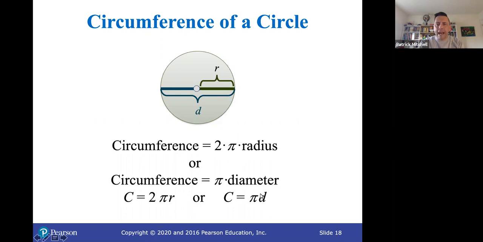If you're working with the diameter, because the diameter is 2 times the radius, you can just take the 2r and replace it with d for diameter. Okay, so it becomes circumference equals pi times d. In higher level math classes, usually we're working with the radius instead of the diameter. So I find I use this one a little more often, the first one.